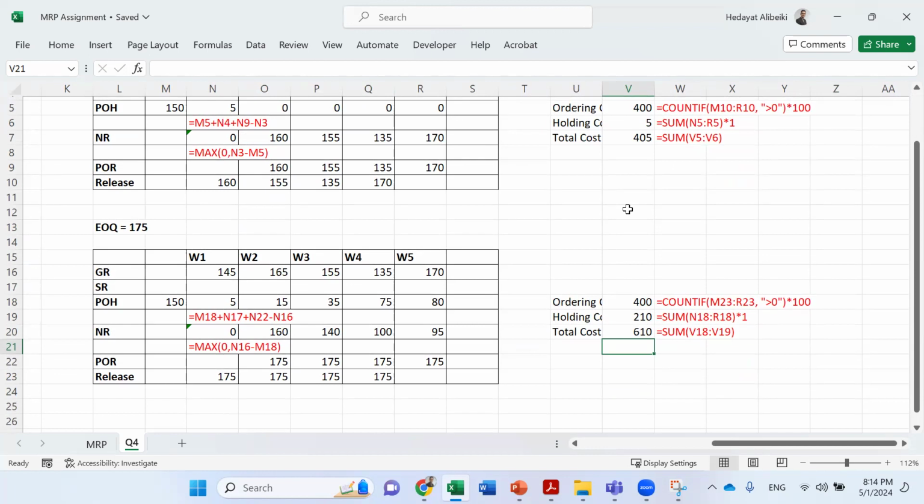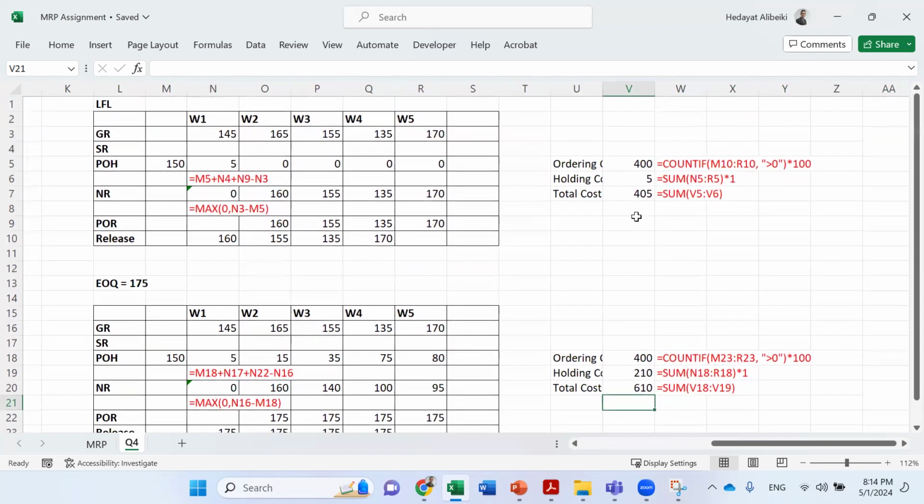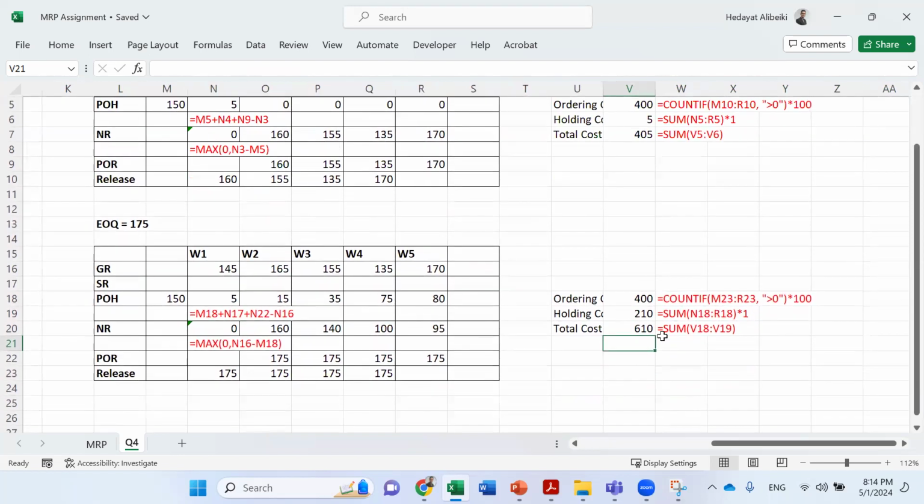So I still have to pay $400. But now I'm left with a lot of other stuff left over at the end of periods, which I have to pay the holding cost. The holding cost goes up significantly compared to last one. So 610 is the total cost.